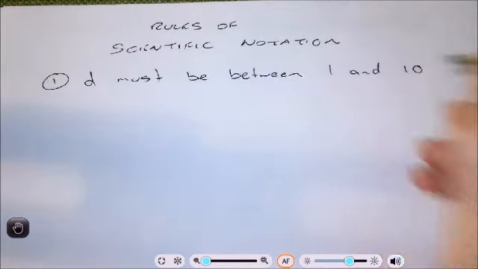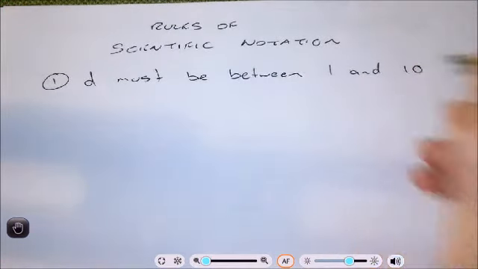Yes. 4 is bigger than 1, less than 10. Rule number 2. Is it multiplication? No. This is not scientific notation. This exercise 4 breaks rule 2. It must be a multiplication statement.